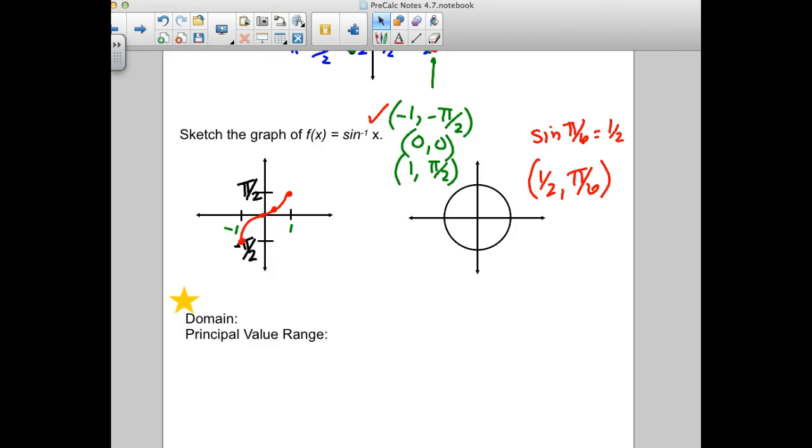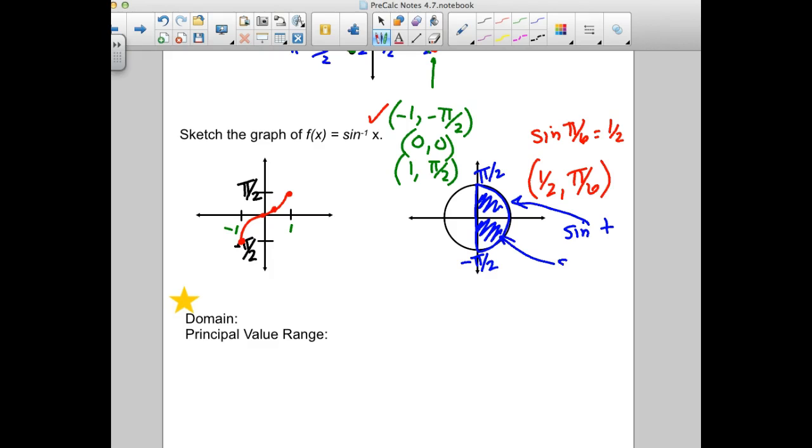So in terms of our unit circle, if we are talking about an inverse sine function, we are saying that we can go from negative pi over 2 to positive pi over 2. We are only allowed to be in this section, so quadrants 1 and 4. Sine is positive in quadrant 1, and it's negative in quadrant 4.